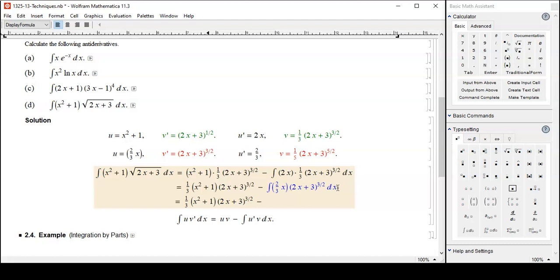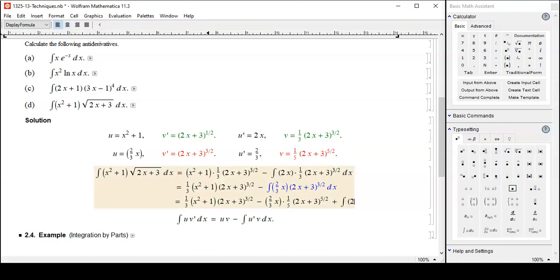And this blue is still too complicated, so split up once more by this red. And eventually what do I get? u times v, so we have 2/3 x times 1/5 (2x plus 3) to the 5/2 power, and minus integral, but then again we have another negative sign here, so this becomes positive.